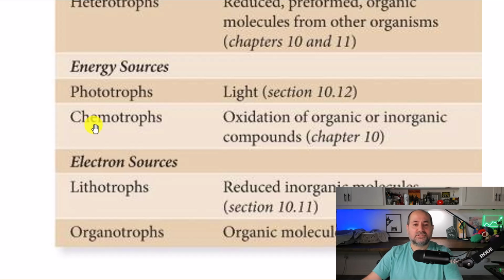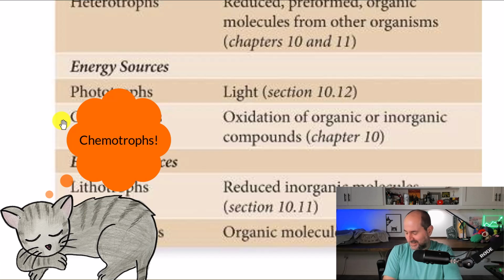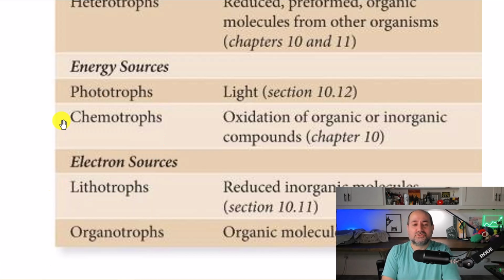They get their energy from that. So let me ask you this. Which one are we? Are we phototrophs or chemotrophs? Yeah, obviously we can't photosynthesize, right, Wicket? So we are chemotrophs. We get our energy from the molecules we eat, like sugar, like fat, right? I'm ingesting these organic compounds, and that's what's giving me energy.